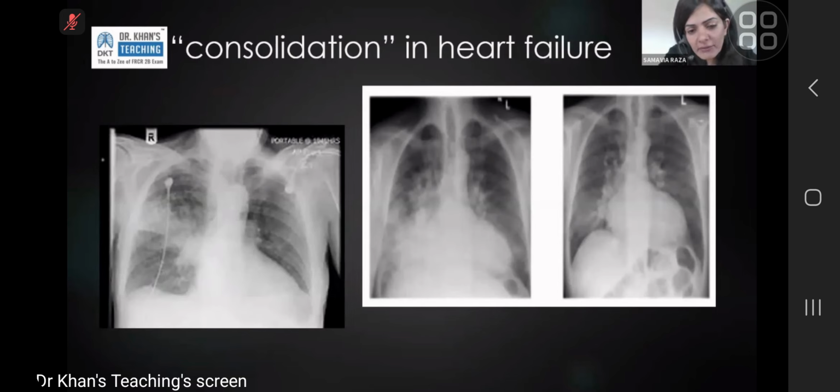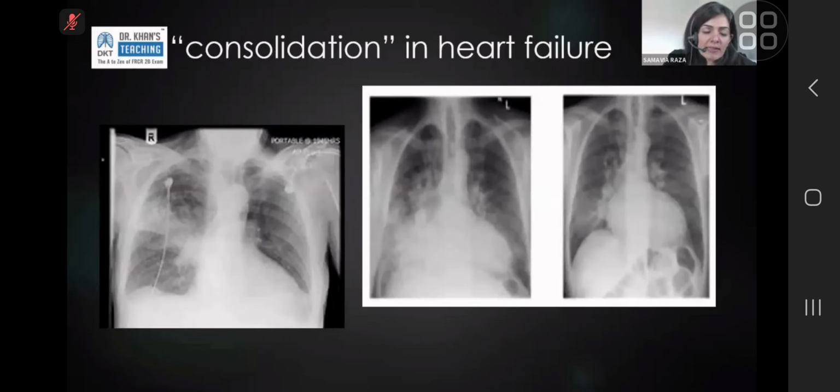But this is just to drive down a point that when you say consolidation, it implies the airspace filling up with fluid, like I said before. And quite commonly in heart failure, I see reports that have a patient with perhaps one-sided changes or asymmetrical changes, and the report has said something along the lines of patient likely has heart failure and concurrent infection or superadded infection cannot be excluded.